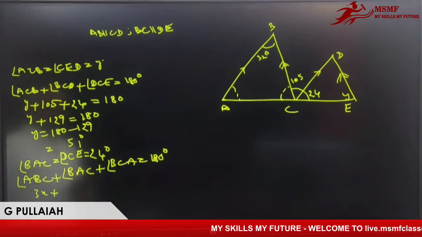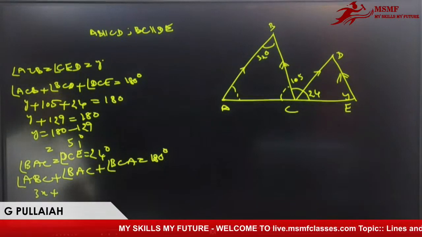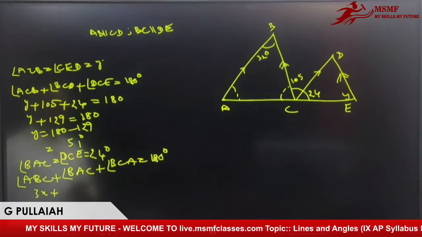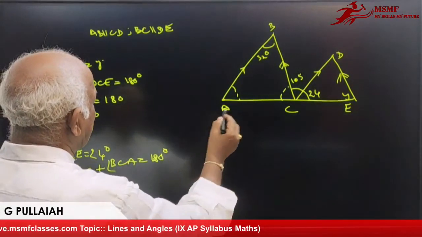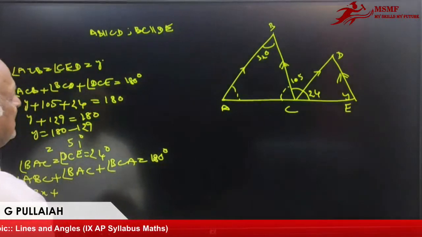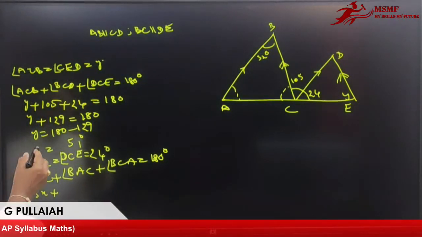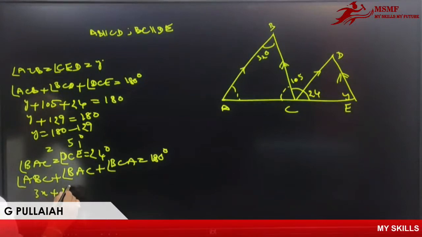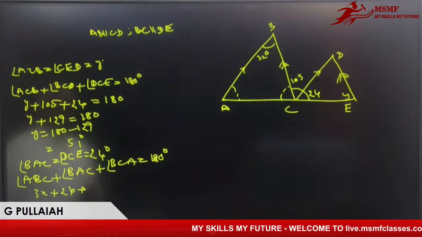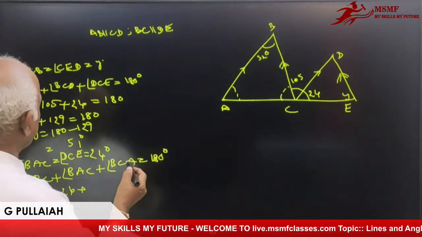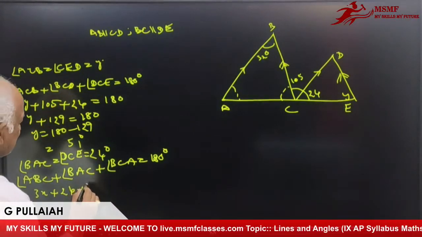Angle ABC is 3x, angle BAC is 24 degrees, plus angle BCA, what you got as the y value, that is 51 degrees.